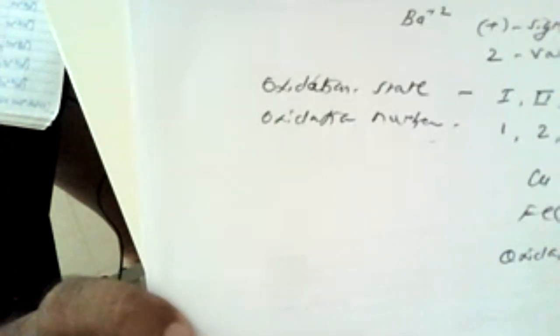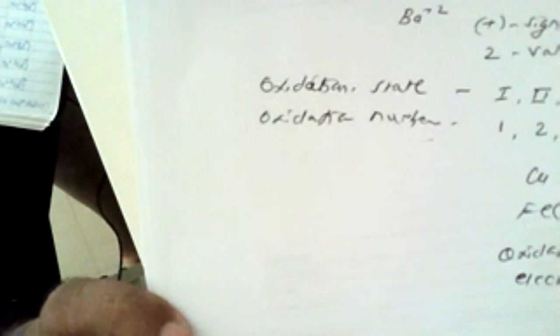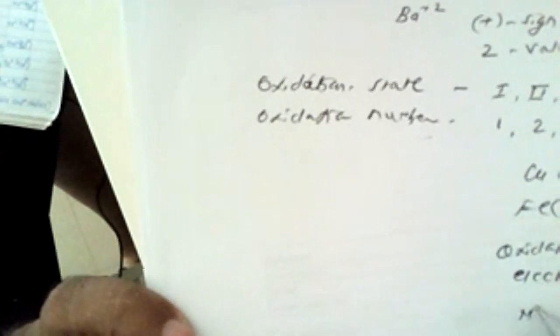Now, again, we can write for all these elements the different oxidation states. So again, I shall refer to the same electronic configuration here. And I shall prepare one column in which we write the oxidation states and outer electronic configuration of M+2.